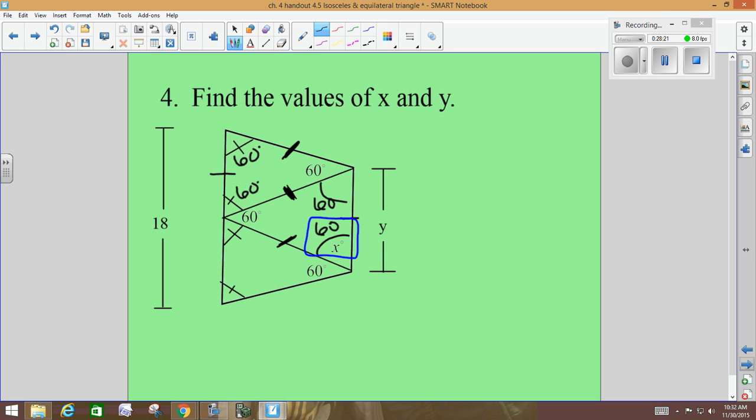And then down to the last one. 2 congruent angles means you have 2 congruent sides. Isosceles triangle with a vertex angle of 60 means the base angles are 60. Therefore, it's equiangular, which makes it equilateral.